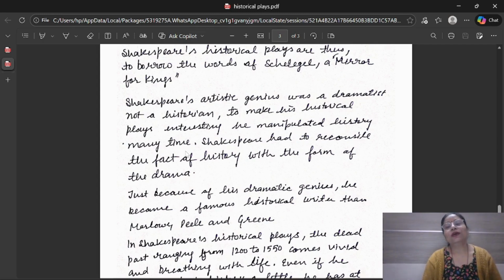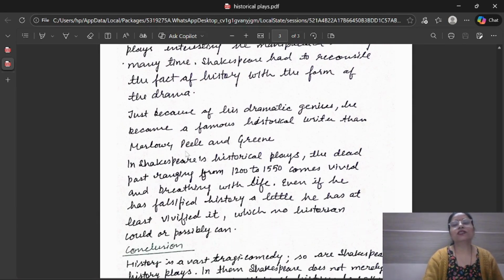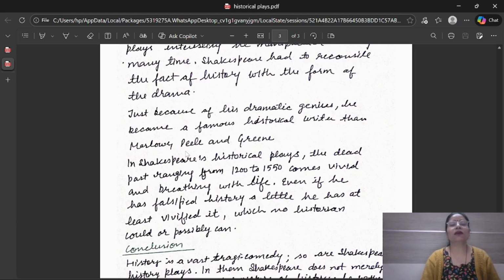Shakespeare had to reconcile the fact of history with the form of drama, because he was a dramatist, a playwright, so he had to focus on his talent of writing plays. So somewhere he manipulated history. Just because of his dramatic genius, he became a more famous historical writer than Marlowe, Peele, and Greene.